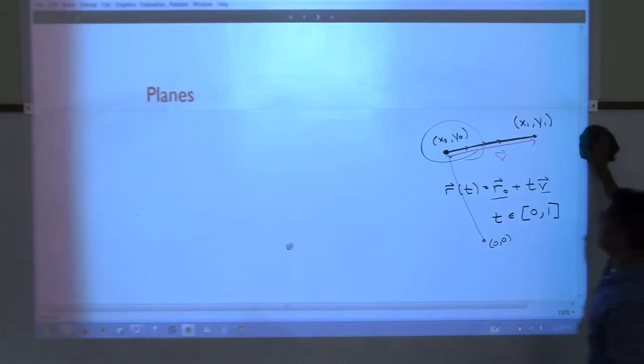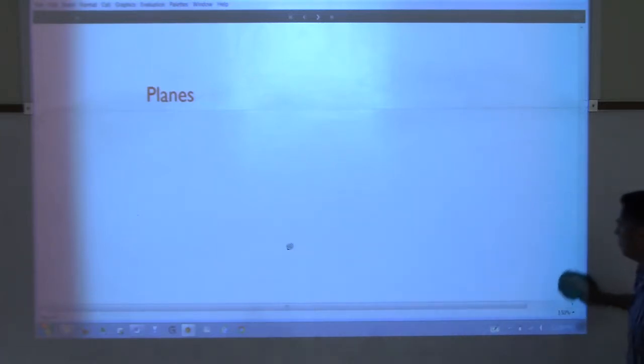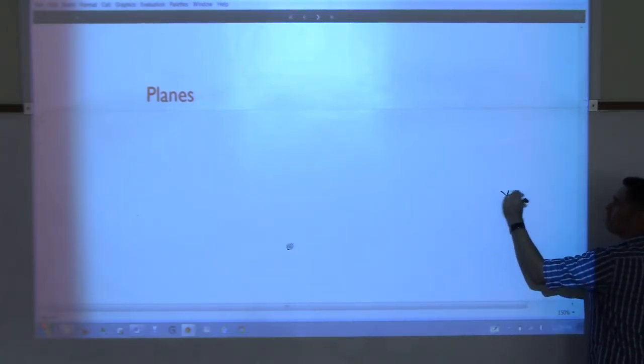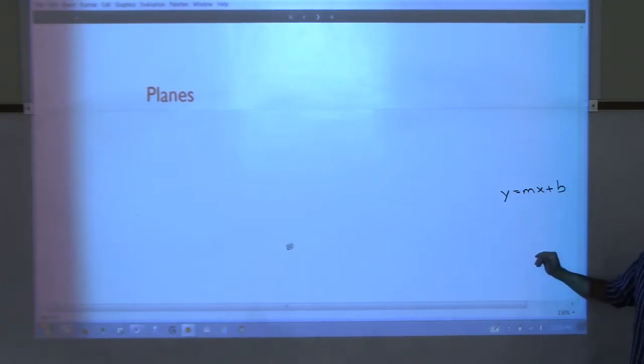Planes. Back to what I was saying now. So I said for lines, you had y equals mx plus b, and I showed you a vector equation for a line. What about a plane?